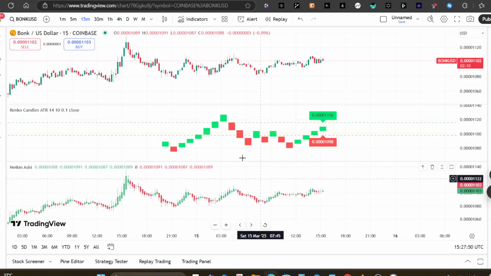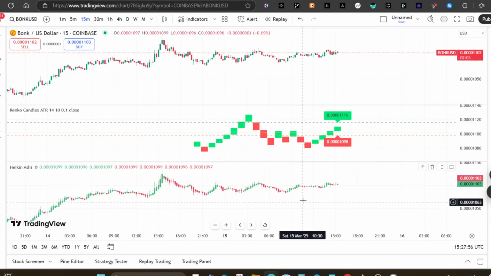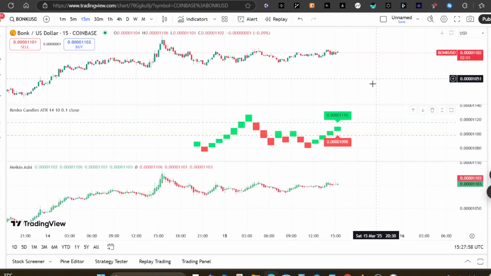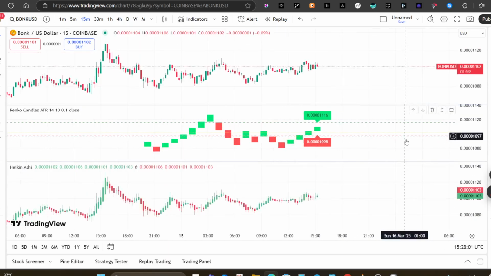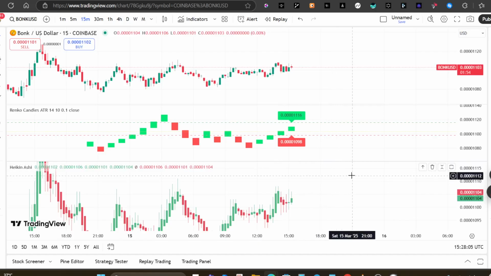The first step is to identify the trend. Okay, if Renko bricks and Heikin Ashi candles are the same color, it confirms the trend direction.